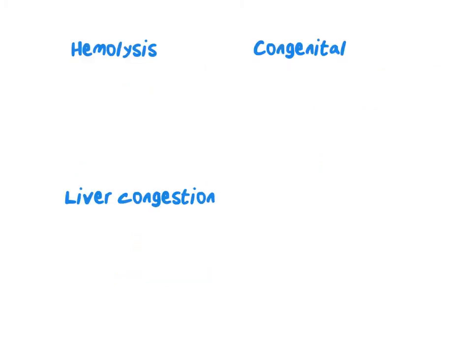So now that we know the tests for indirect hyperbilirubinemia, let's talk about the major causes of pathologic indirect hyperbilirubinemia. So I like to think of these in 3 different buckets. The biggest and most common bucket is going to be hemolysis. So that's what the retic and the Coombs test are really aimed at helping us distinguish.